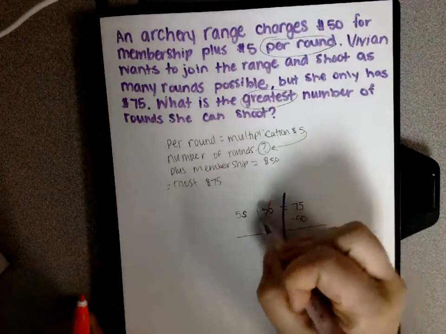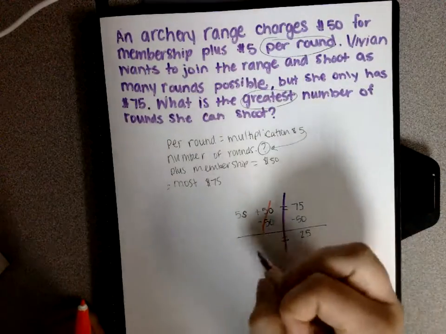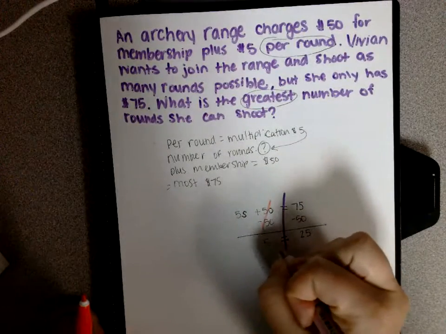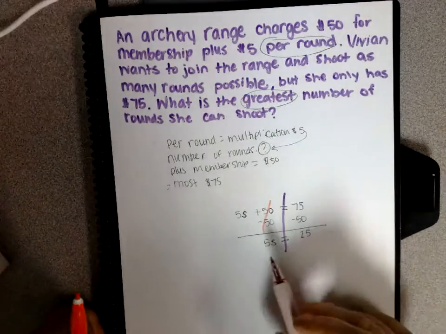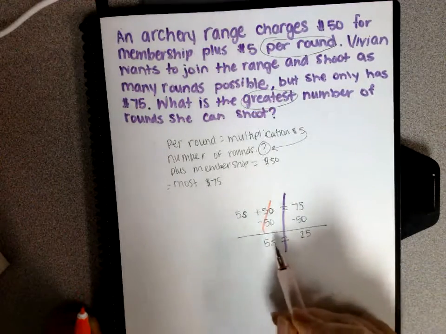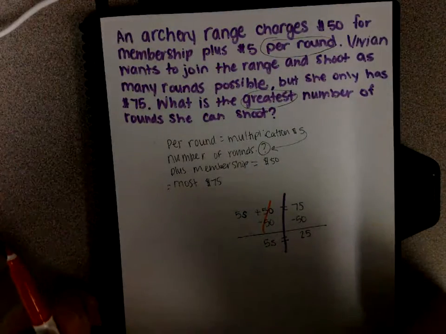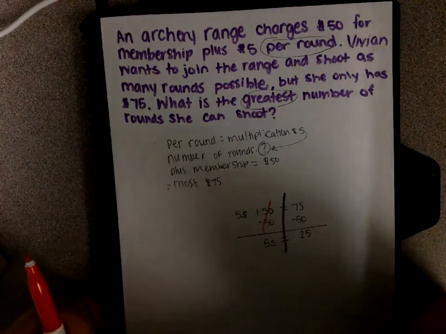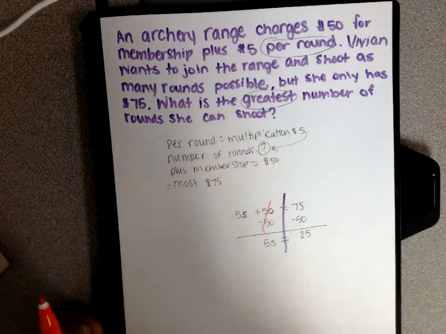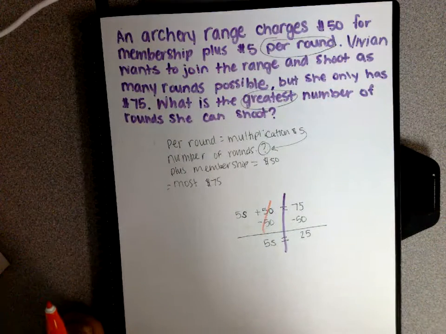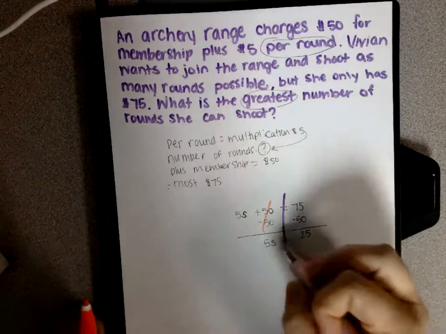Bring down my equal sign so I just keep it in my head. Now, my 50 is canceled, so I can just ignore that. But I'm going to bring down my 5s. Now I have 5S. And remember, if an integer is right beside an S, I think that means multiplication. So the inverse for multiplication, that's division.